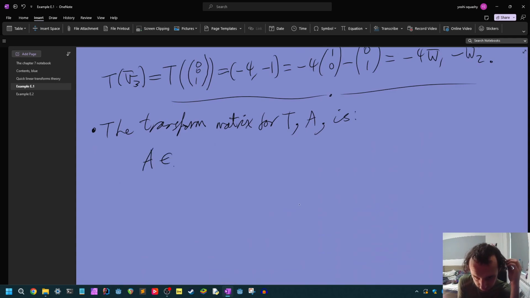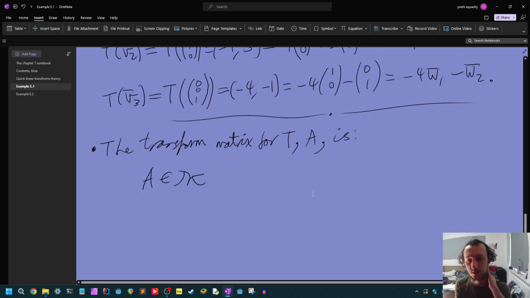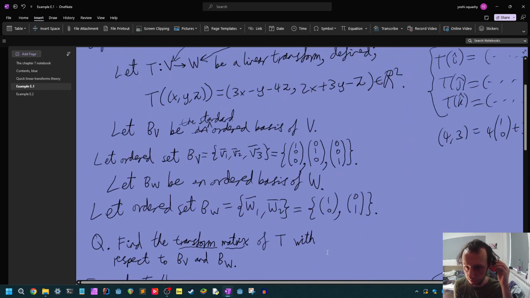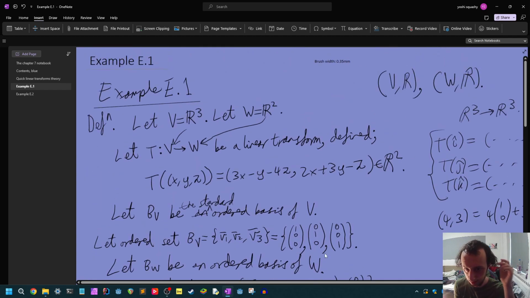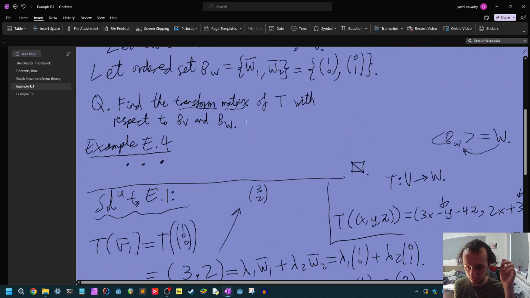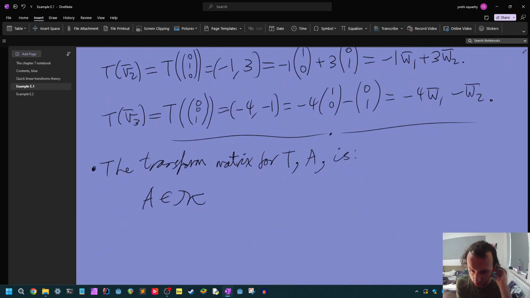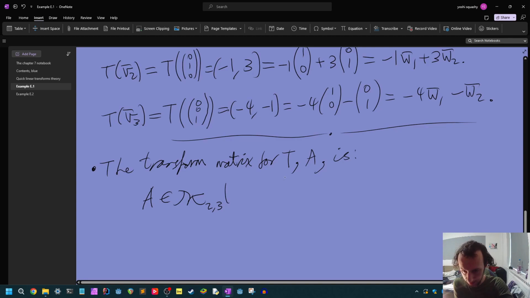going to be, we know this simply by the way transform matrices are defined, what you do is you take the dimension of the output and you take the dimension of the input. So this is going to be a 2 by 3 matrix. This is just by definition, by convention. You could do it the other way and it would change the algebra slightly, but this is just how it's defined.